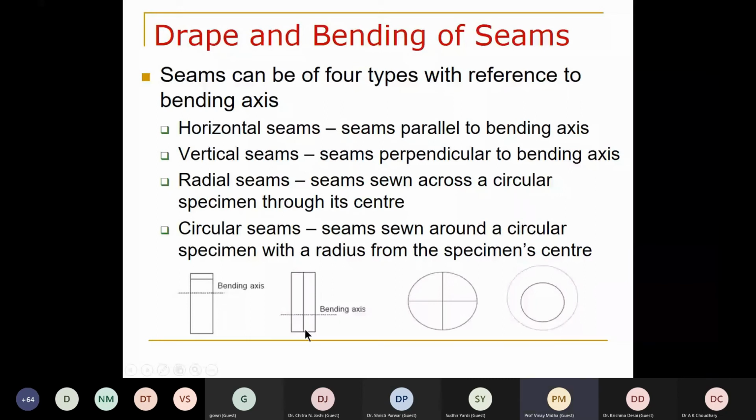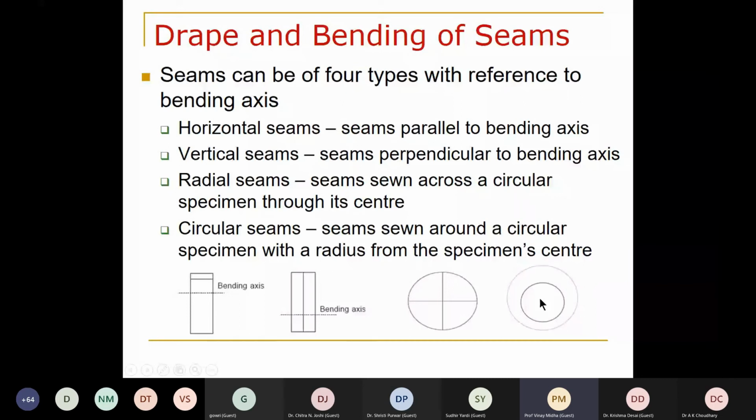Then radial seams, which are sewn across the circular specimen through the center. And circular seams, which are sewn around a circular specimen at a certain radius from the specimen center.